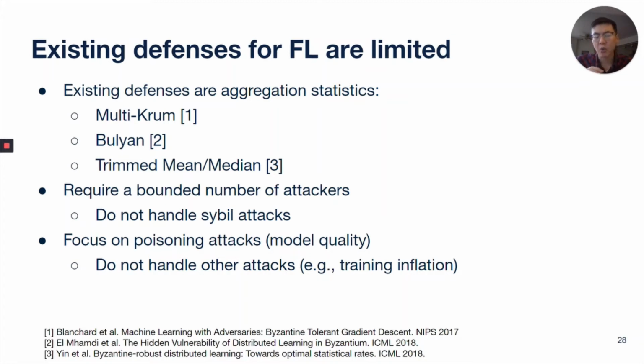They additionally require a bounded number of attackers when considering their defense, and thus are unsuited to handle Sybil attacks. As well, since these defenses all focus on poisoning attacks or broadly model quality attacks, they don't handle other attacks proposed in our work, including training inflation, the new attack we've proposed.